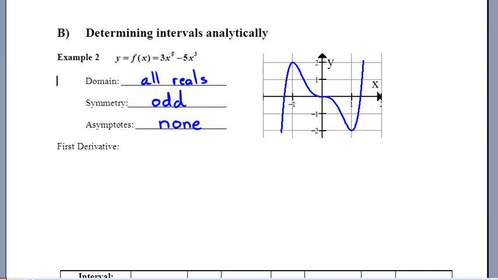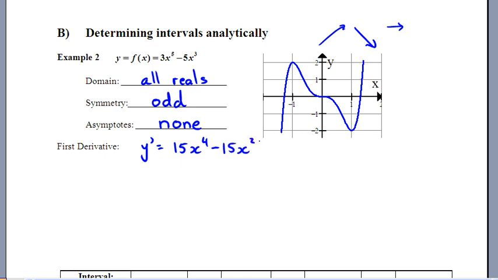Okay, so none there. Now, let's get into the calculus. What are all the different things that you can do with the first derivative? This is going to talk about when the graph is pointing up and when is the graph pointing down, or maybe when it's flat too, right? We can catch that. So the first derivative should be pretty easy with a polynomial. Our y prime would be 15x to the 4th minus 15x squared.